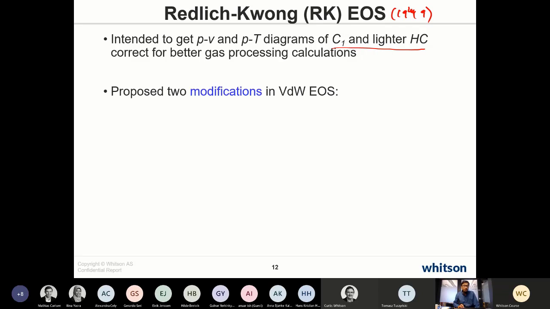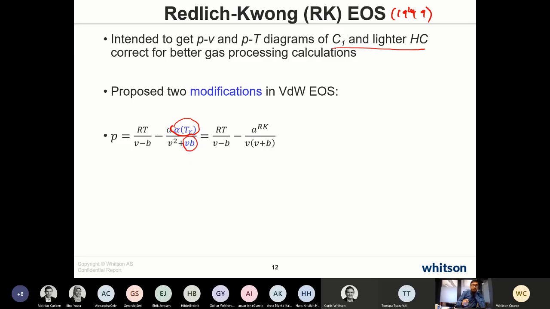So they proposed two modifications to the van der Waals equation of state. These modifications are highlighted in blue here. One modification is this alpha term as a function of reduced temperature. The other one is this term here, where they added v squared in the denominator.